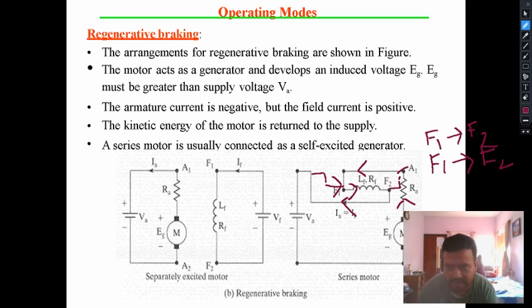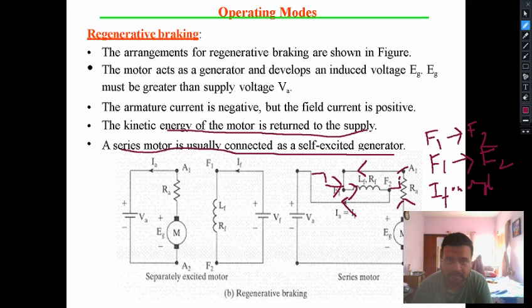So if you make this modification, the direction of the field current in the series motor will remain unchanged. This is very important: without any modification you cannot use a series motor for regenerative braking. A series motor is usually connected as a self-excited generator because the field is in series with the armature, and the kinetic energy of the motor is returned back to the supply.